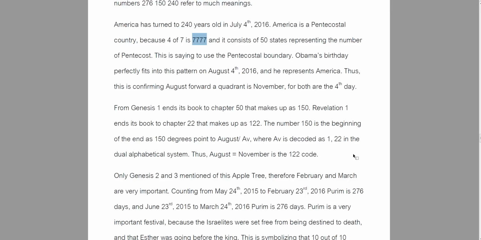So not only the Sabbath commandment in Exodus chapter 20 verse 8 to 11, and 8 and 11 again, referring to August and November, but also the number 150 is actually confirming this. But later I'm gonna explain.